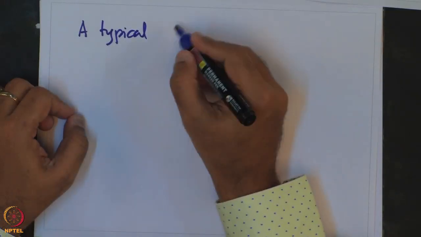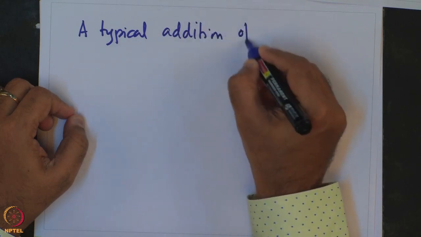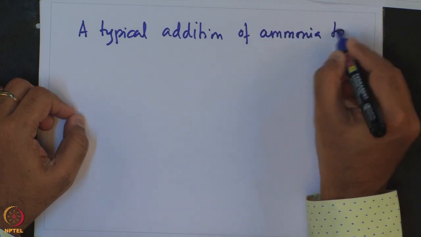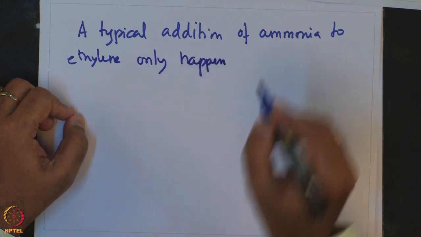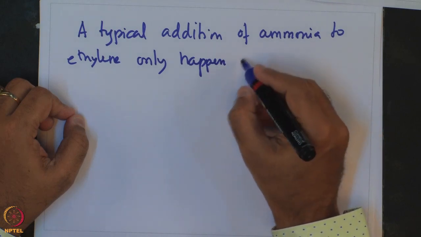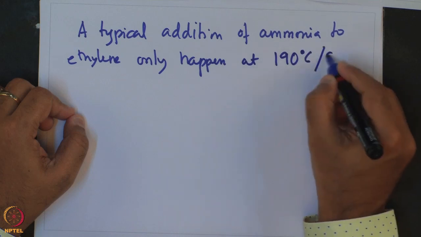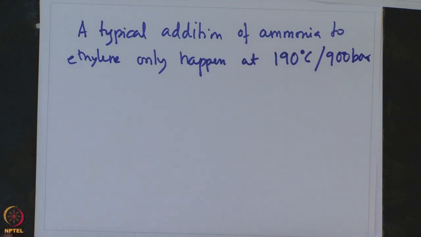Now, one can gauge the utility or advantage of using hydroamination reaction under catalytic condition by comparing it with the fact that typical addition of ammonia to ethylene happens only at 190 degrees centigrade and 900 bar pressure. So, it is that difficult a reaction.